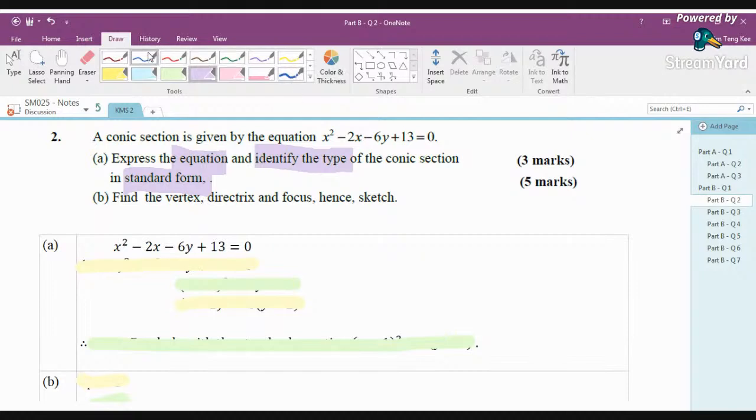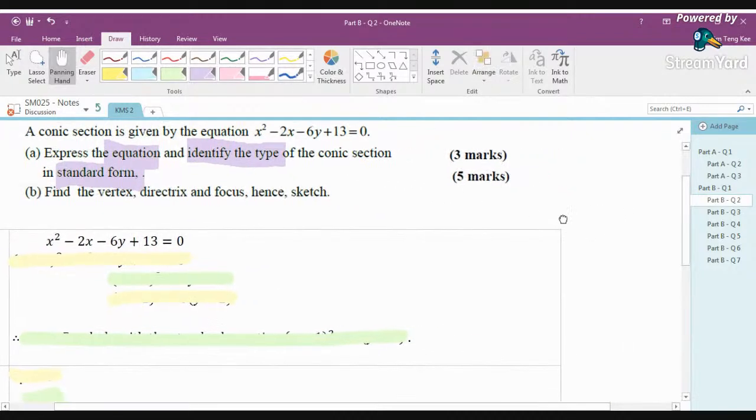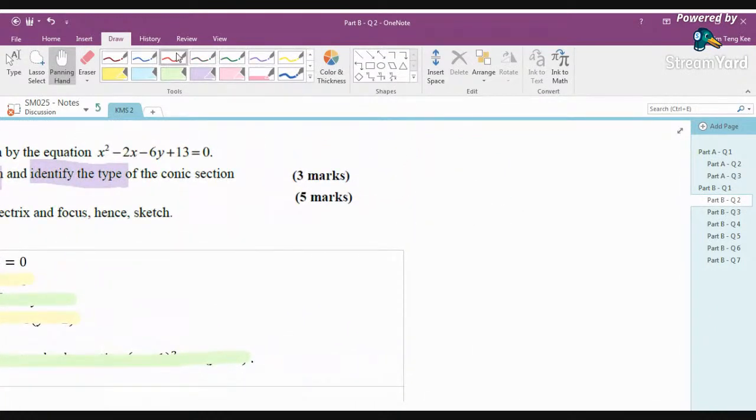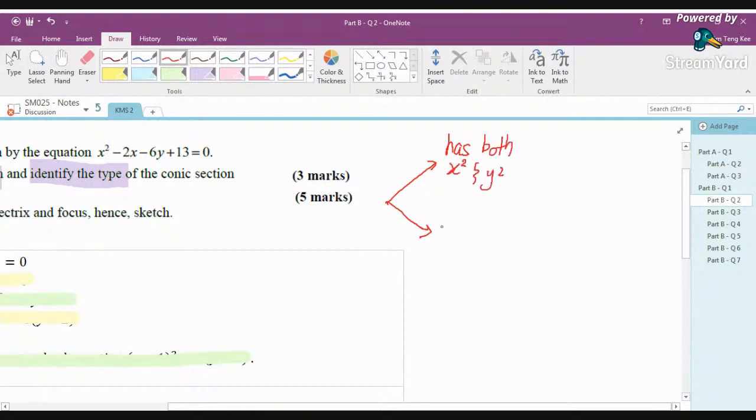So let us have a quick review: if you happen to face such a question, how do you predict what type of conic it is in our syllabus. First of all, you need to find out in 2 situations. First, whether I have both x squared and y squared, or have either one.